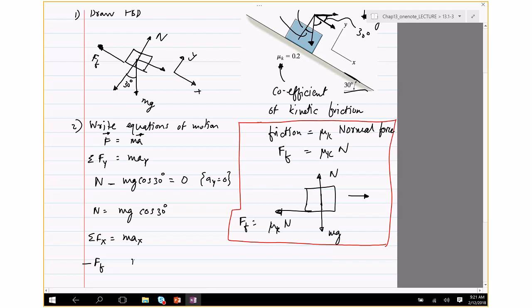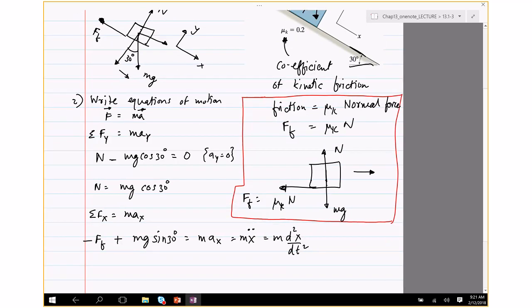There's mg sine 30, and that's going to act in the positive direction, this way, equals mass times acceleration in the x direction. So acceleration in the x direction is not equal to 0. Now some people like to write this as mass times x double dot, which is the same as m d squared x dt squared. So I'll call that equation 1, call that equation 2.